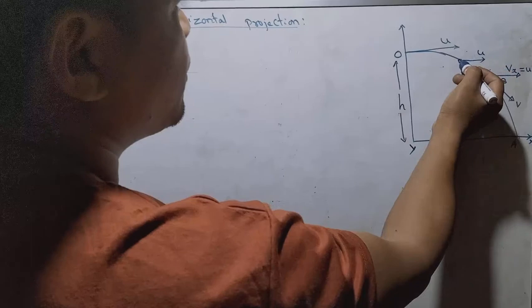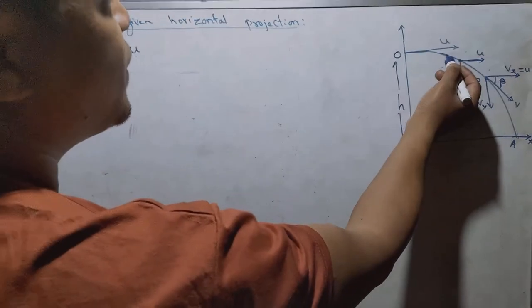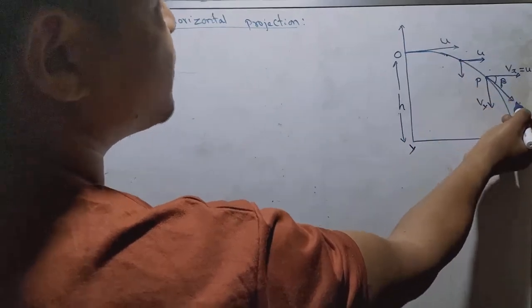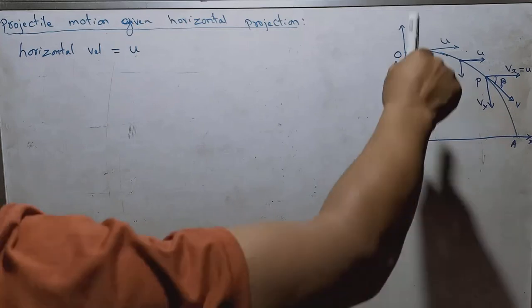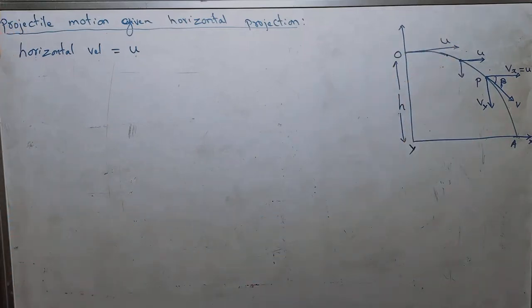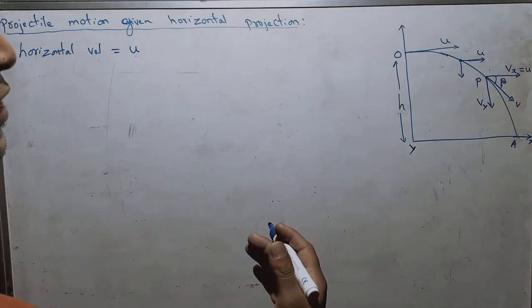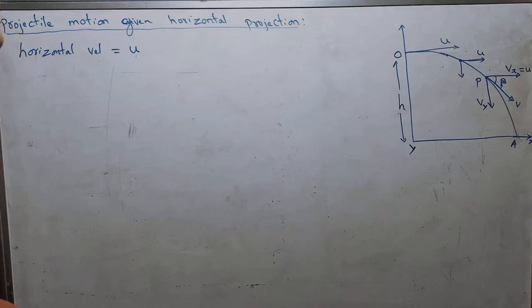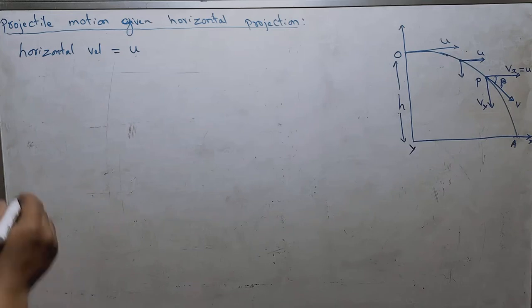So at any point the horizontal velocity is uniform. At this point you will find u, at this point u, at any point you will find it is u. And along the vertical motion, the body is accelerated downward with a uniform acceleration.